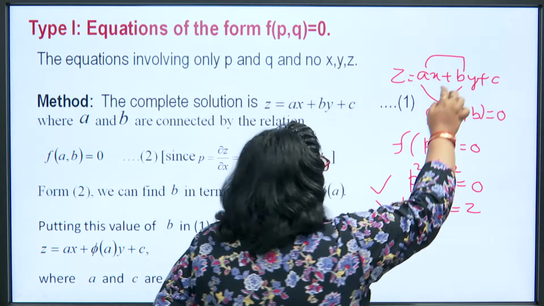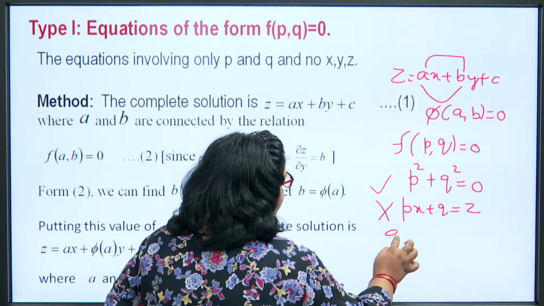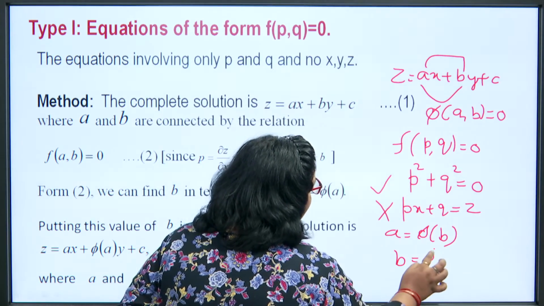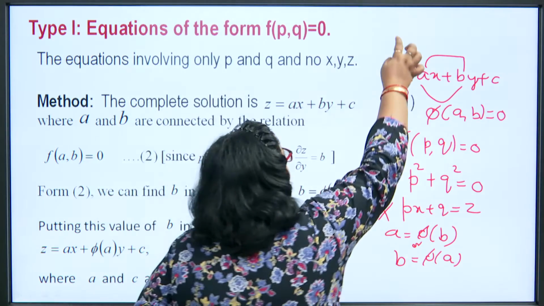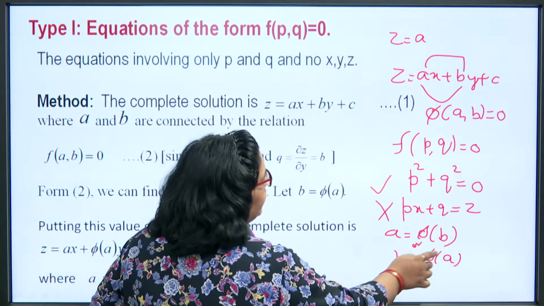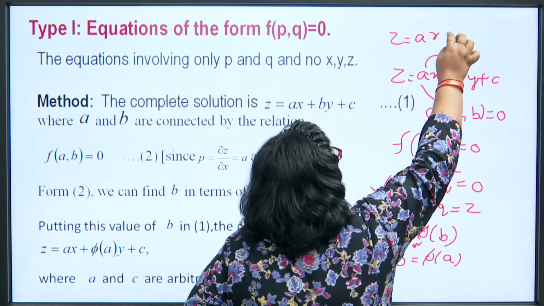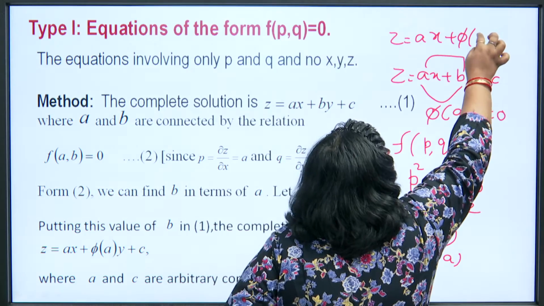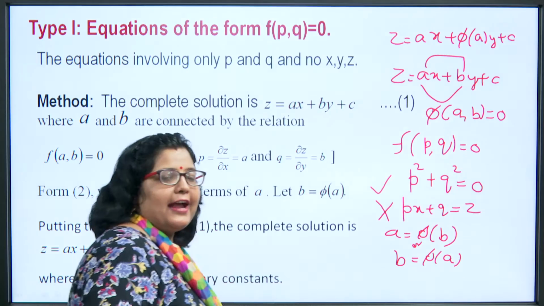After finding the relation between a and b, we can write b as a function of a, that is b equals phi of a. Putting this in the equation, z equals ax plus phi(a) y plus c is the required solution of type first.